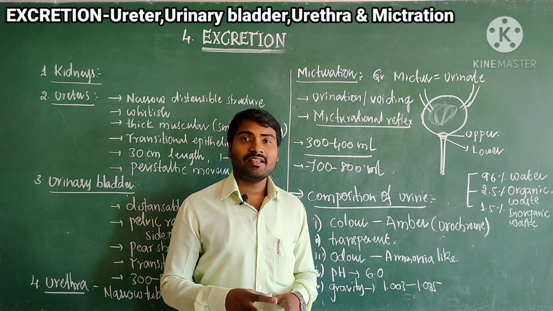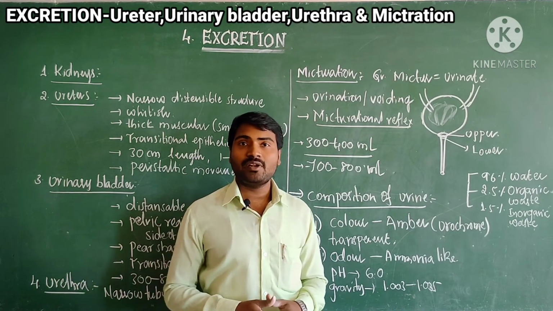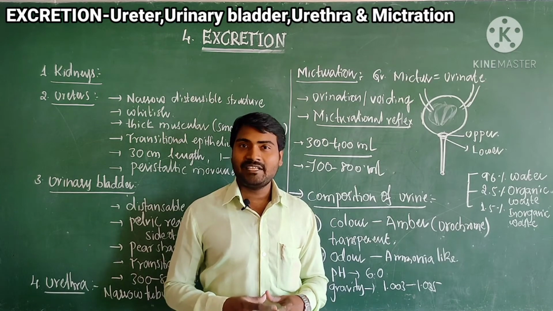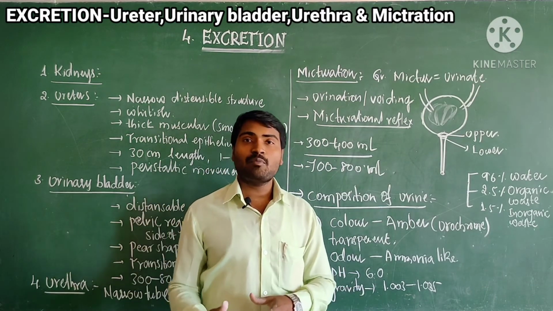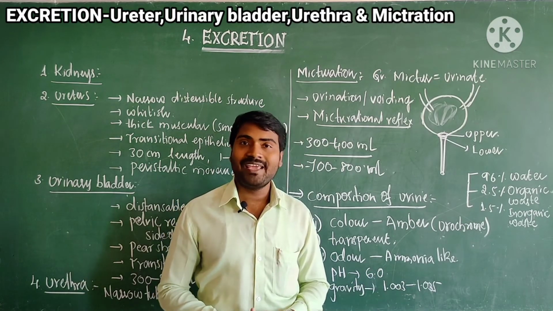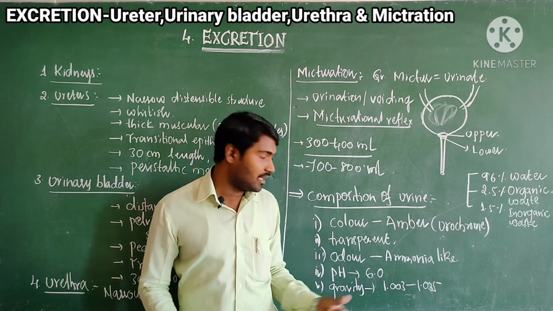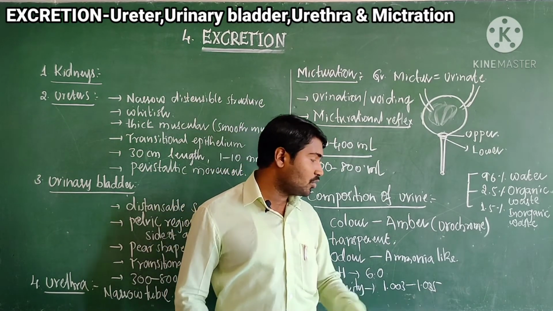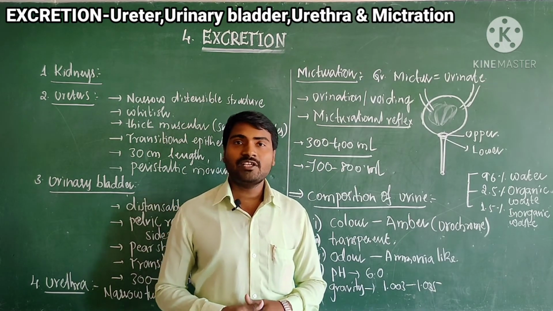Odor: when we pass out the urine, due to bacterial activity it gives an ammonia-like smell. Its pH is nearly 5 to 8, with an average of 6.0, acidic in nature, and it also has a specific gravity of 1.003 to 1.035. That is the gravity of the urine.